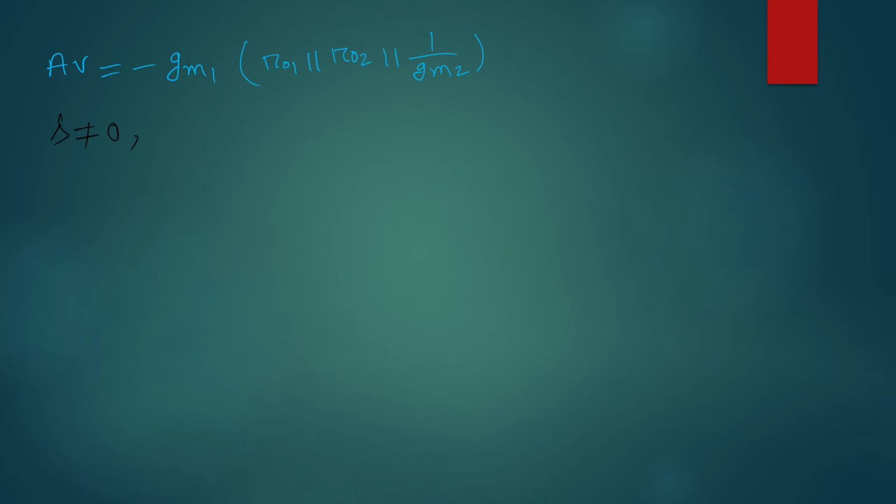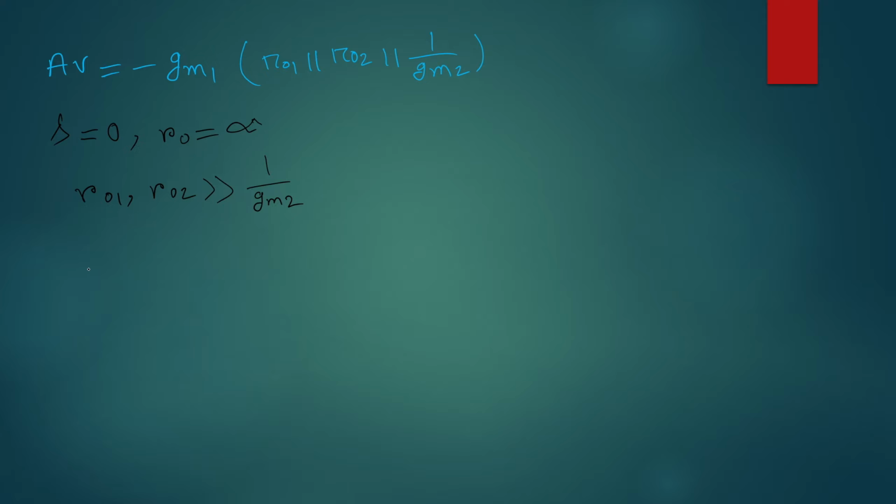This will be lambda equals 0, and RO will be infinite because this will be a very large value. So in that case, your RO1 and RO2 are very, very much greater than 1 by GM2.